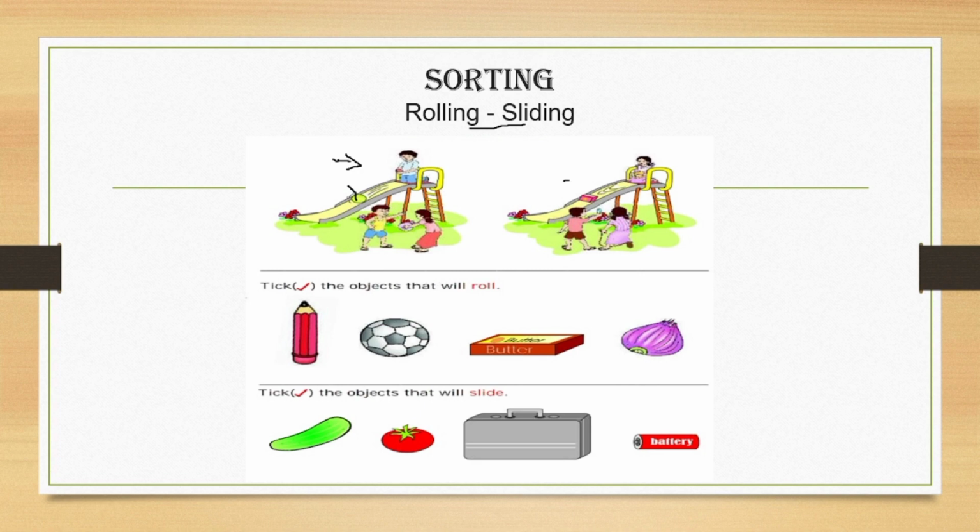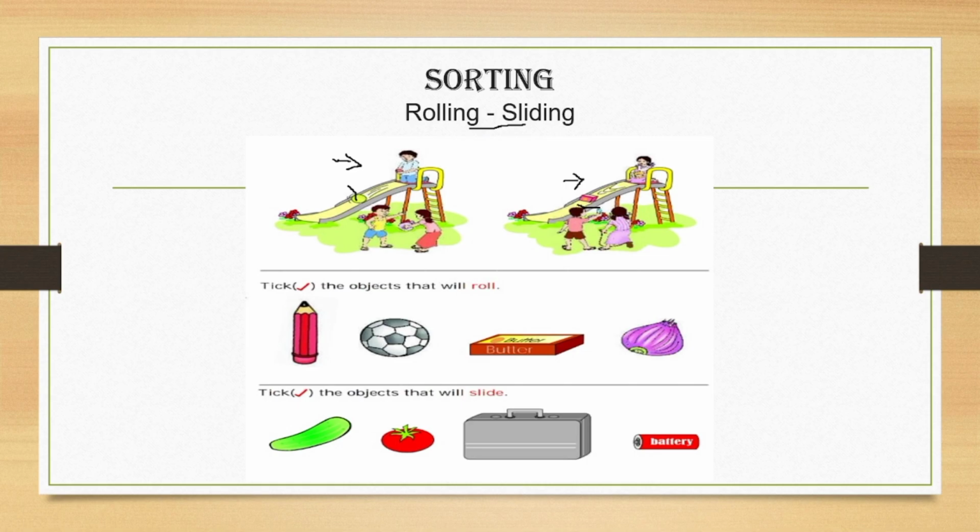And the second picture, we can see a cube or a box sliding over the surface. It is sliding. So, objects with curved surface or round surface will roll and objects with flat surface will slide.